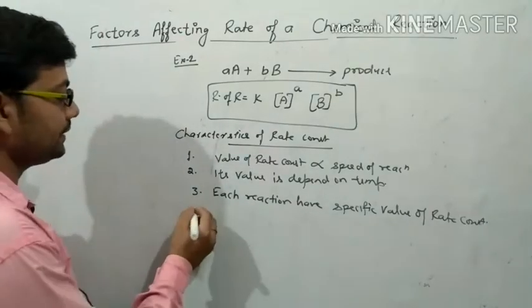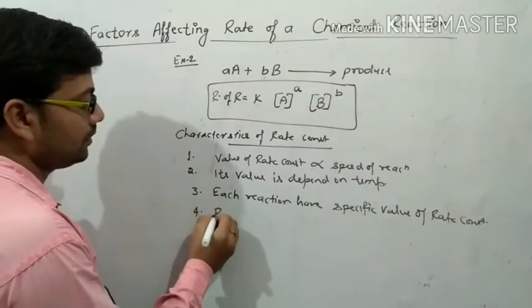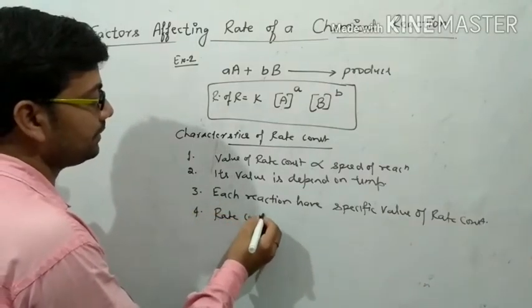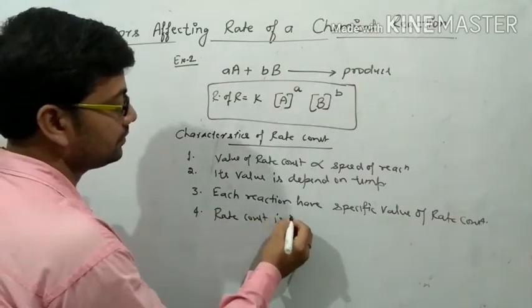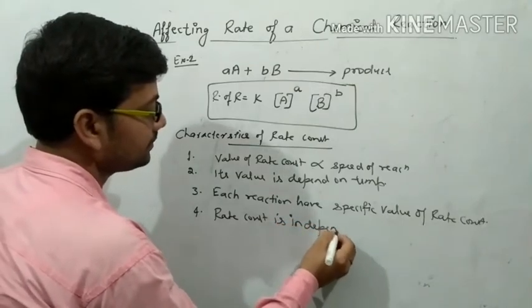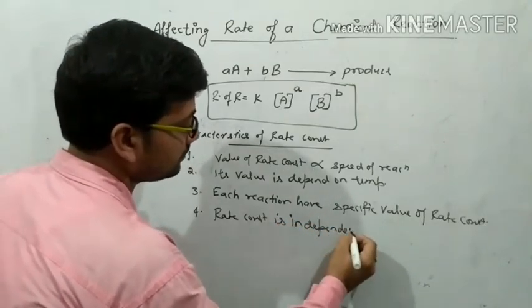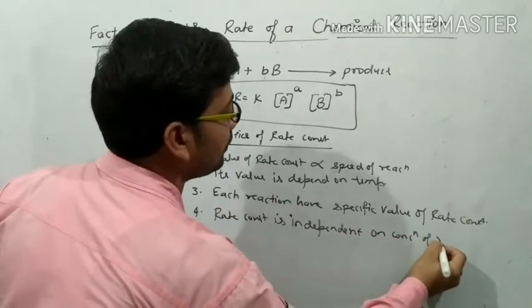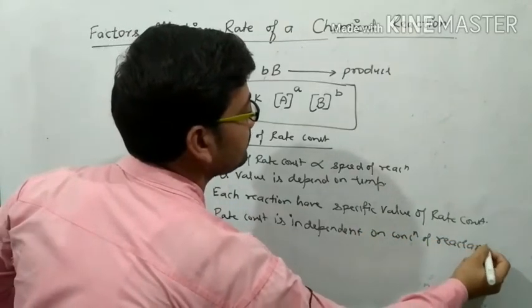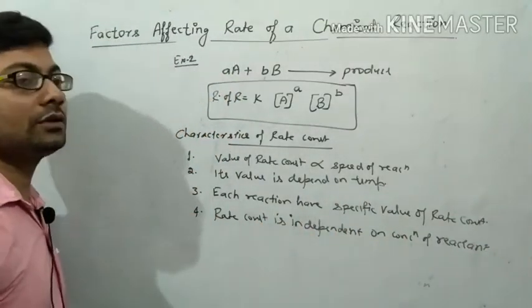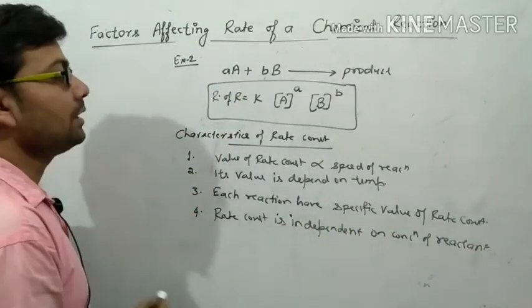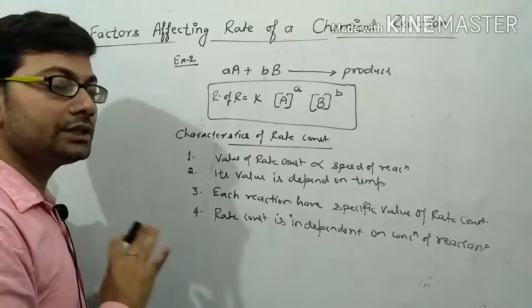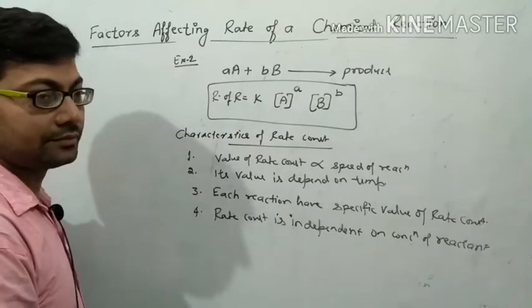Now the fourth point: rate constant is independent of the concentration of reactant. Its value does not depend on the concentration of reactant.